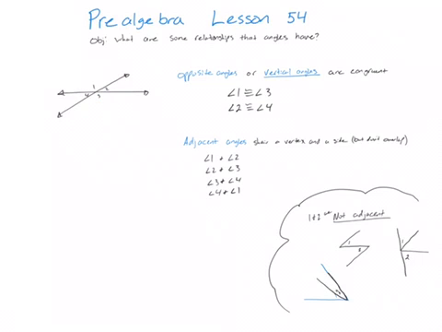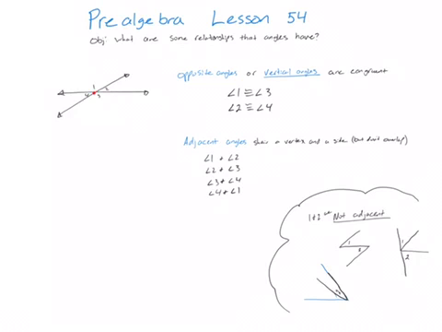Now there's another kind of angle relation here with lines that intersect, which we call adjacent angles. And adjacent kind of just means next to each other. So they share a vertex and a side, but don't overlap. So 1 and 2 are next to each other, so we call those adjacent.